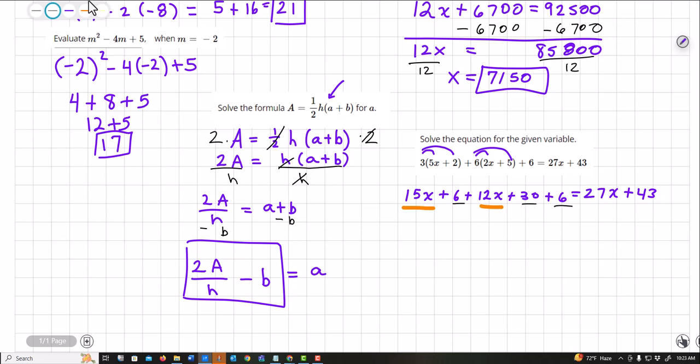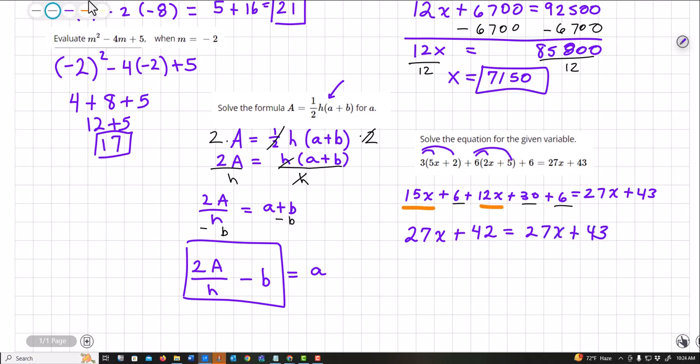So I can see that I have 15x plus 12x, which is going to be 27x. I have 6 plus 30, which is 36, plus 6 is going to give me 42, equals 27x plus 43.